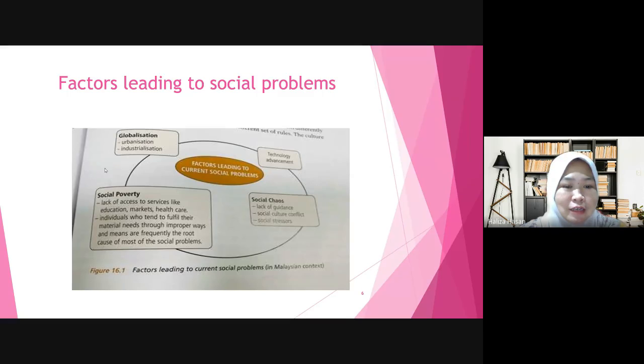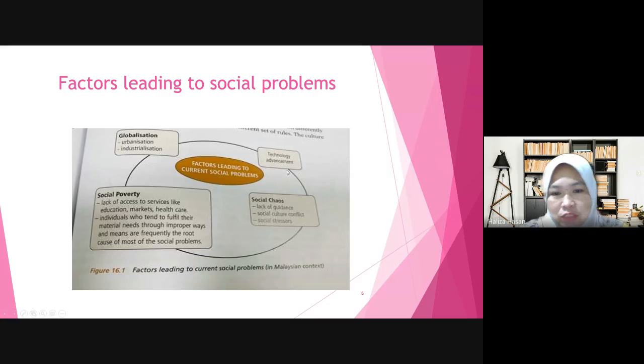And then when you went to Pekan Sungai Besi, it's like you are in Jakarta. Because of globalization, urbanization, and because in Malaysia we have many industries and many factories, urbanization and globalization happen in Malaysia. So this globalization leads to social problems in our country.